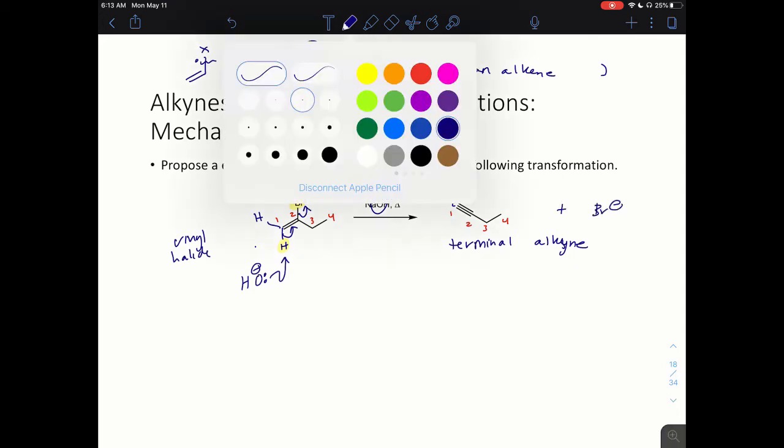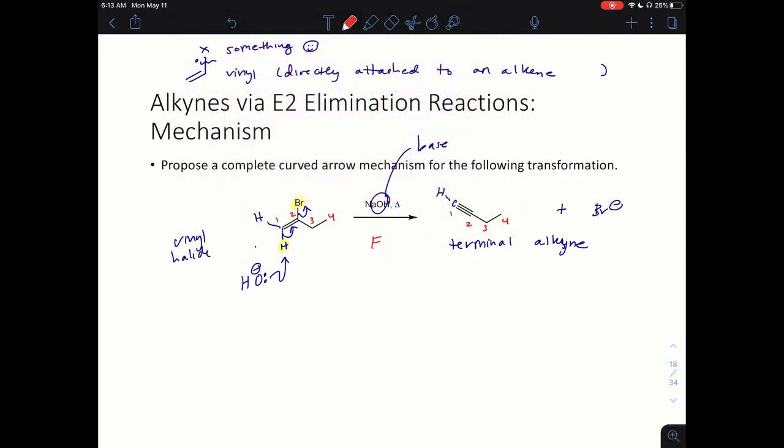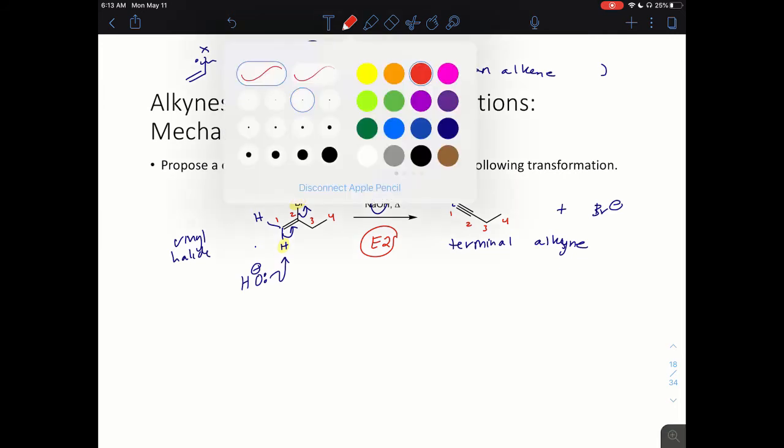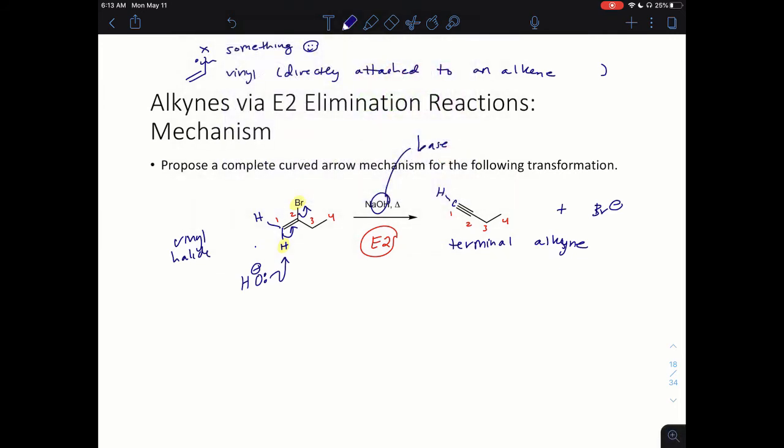So what is this reaction called? Yes, this is an E2 reaction. We still observe this anti-elimination, and I've drawn it as an anti-elimination because of that. So the sigma CH needs to be anti-periplanar to sigma star CBr.